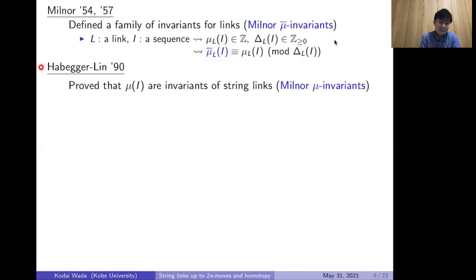In 1990, Habegger and Lin defined Milnor numbers for string links and proved that these numbers are invariants of string links. They are called Milnor mu invariants.